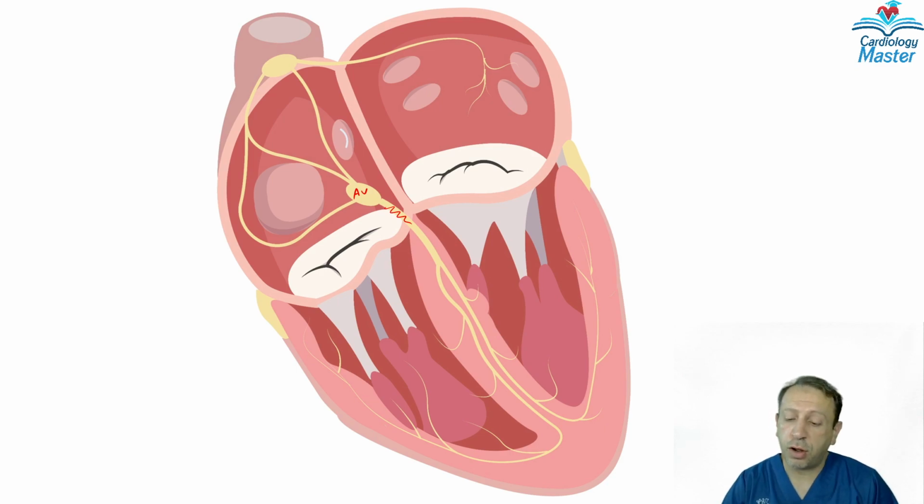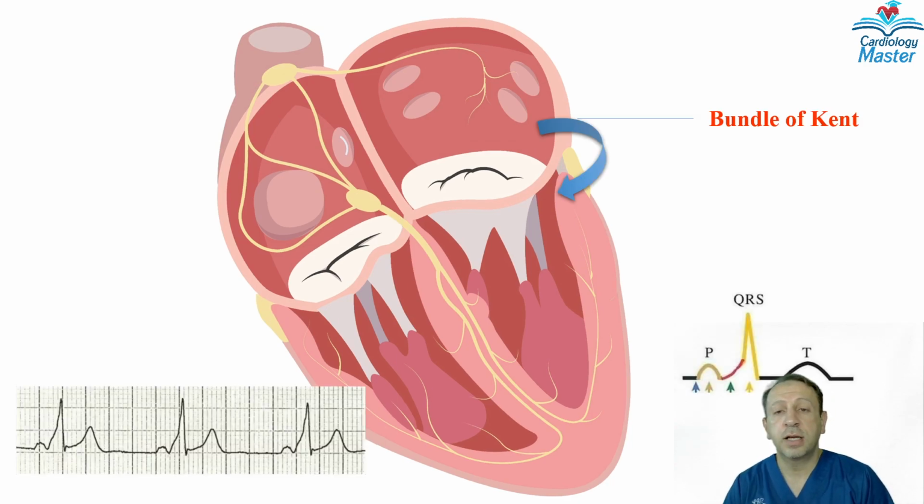It happens because of the presence of an accessory bundle that connects the atria and the ventricle directly, bypassing the normal conduction via the AV node and the His bundle. This is called the bundle of Kent. And as you can see here, this bundle directly transmits the impulse from the atria to the ventricle.